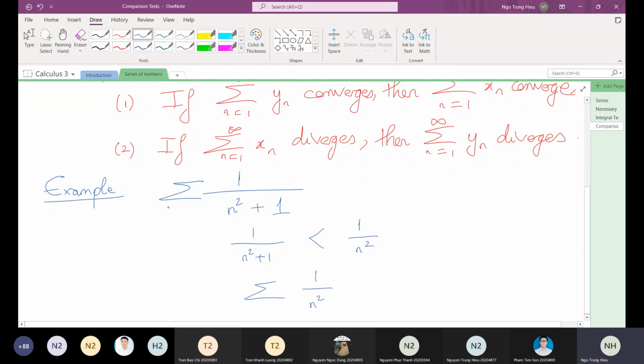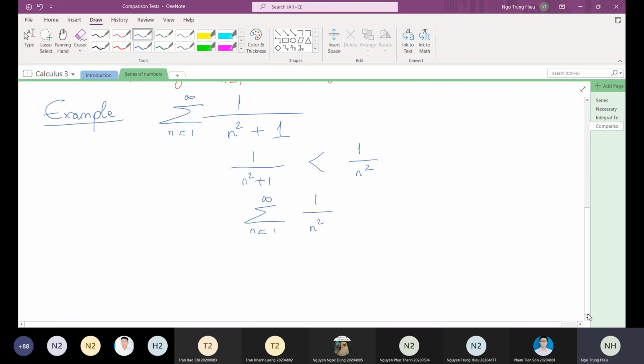If I write sigma just alone, it's not a good notation. It should be sigma with the indices as well. So you can compare our first series with the p series with p equals 2.